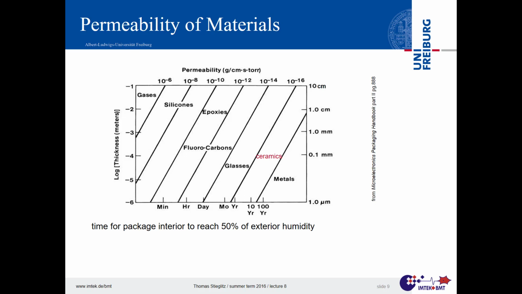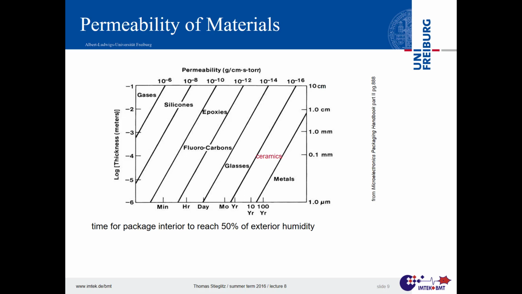And that's the lower x-axis. And if I make a chronic implant, I would say I like to have it survive for at least 10 years. Then I would go on the x-axis to my 10 years line and draw a vertical line. And whatever is right of that is safe.